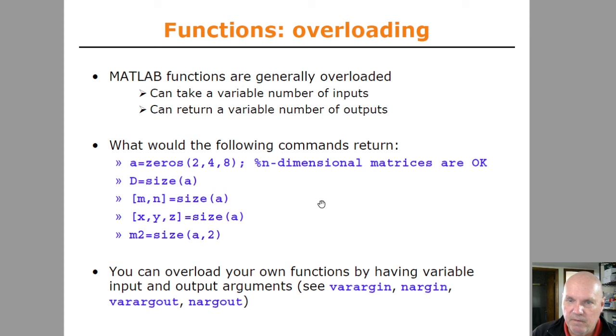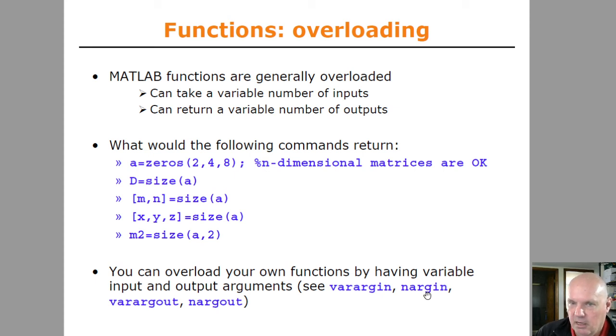You can take a variable number of input arguments and a variable number of outputs. Within your functions, you can determine the number of arguments that have been passed to the function. That's encoded in this special variable called nargin, number of arguments input.